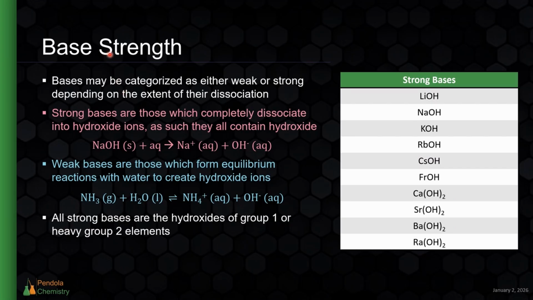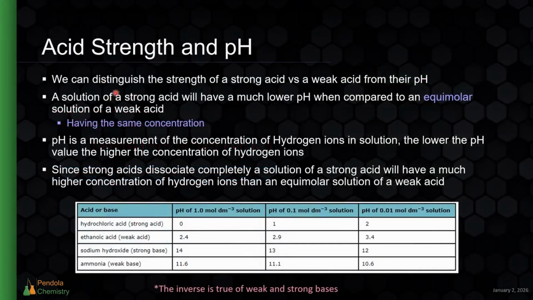So how does this strength difference, the weak versus the strong, affect the pH of solutions of these acids? How can we tell if something's strong or weak? Well, the pH is a pretty good indication. We can distinguish the strength of an acid or a base from their pH in equimolar solutions.